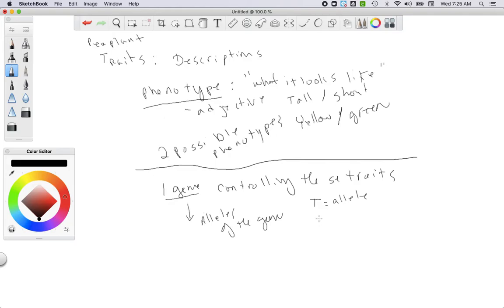And if a pea plant had a capital T gene copy, it would be a tall plant. There was a short allele. And if a pea plant had 2 lowercase t alleles, both its copies of the gene for height were lowercase t, it would be a short pea plant.